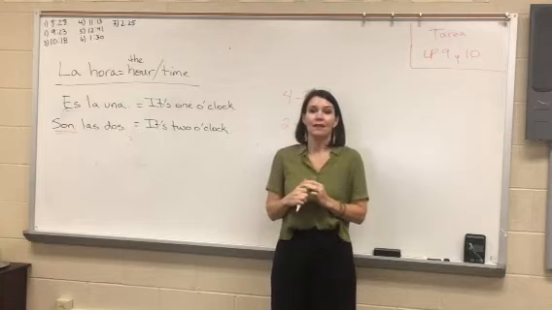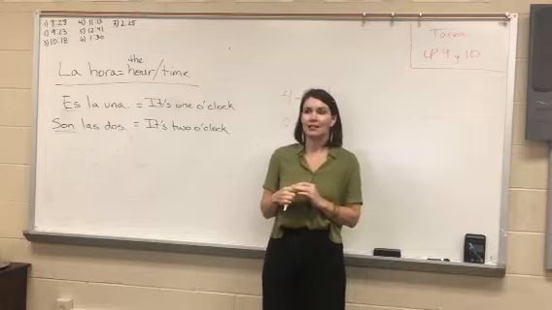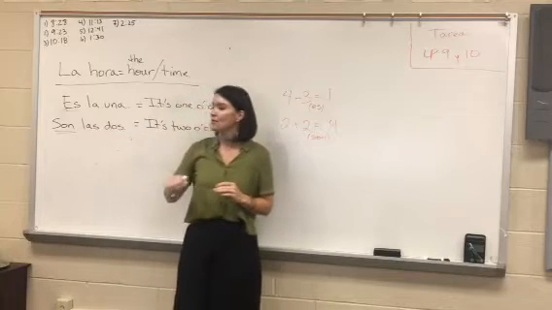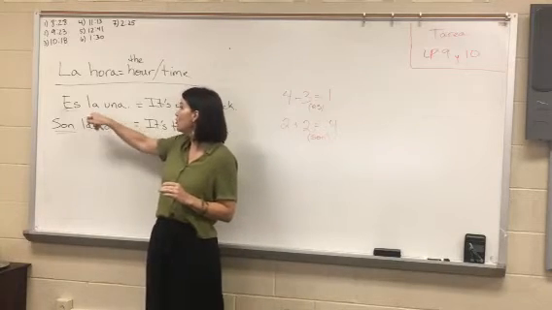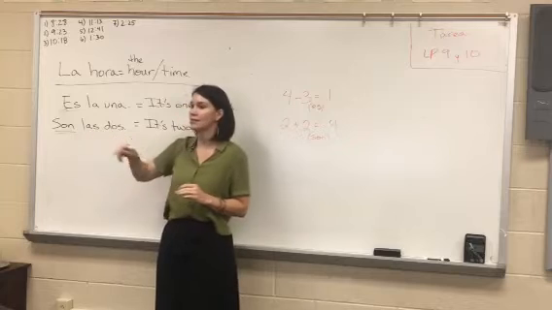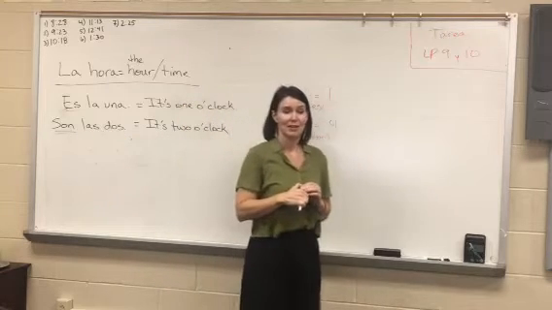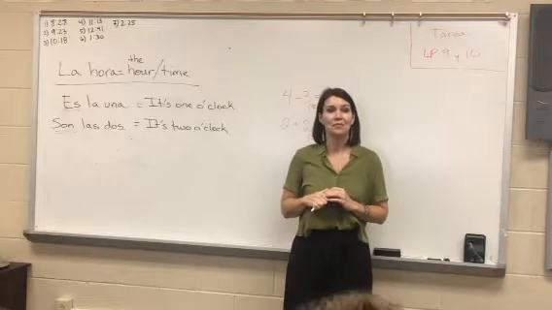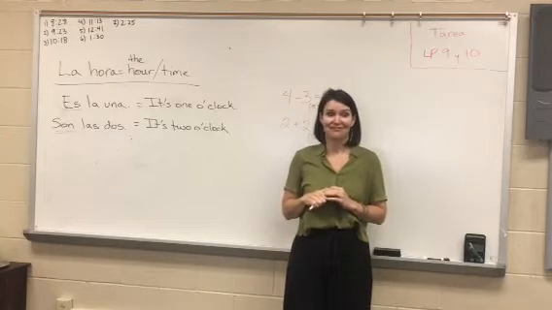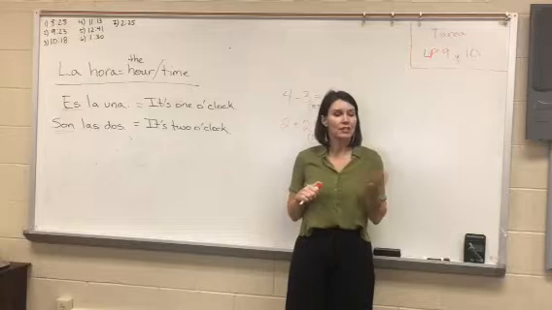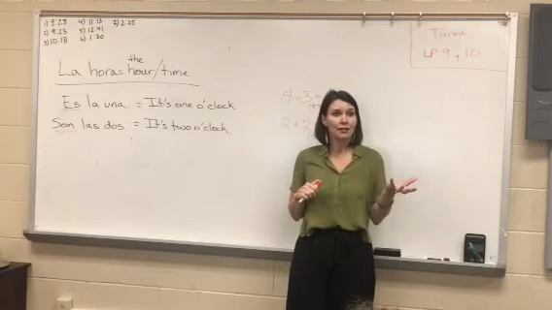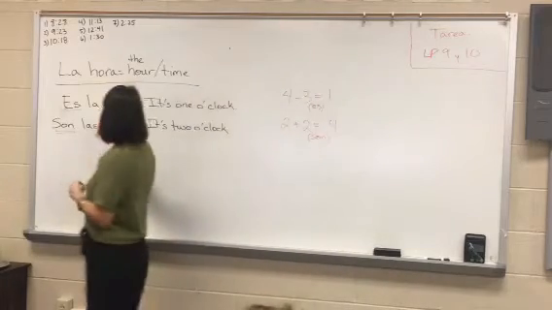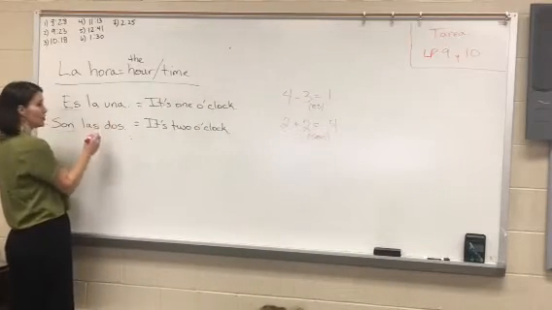The second thing is looking at this word here. What's going on? Why do we have es la una and son las dos? Carlos? Because dos is more than 1, so it adds an S to the la. Same thing, right? One's talking about singular and one's talking about plural. Okay? So the la is just talking about 1, so it's singular.